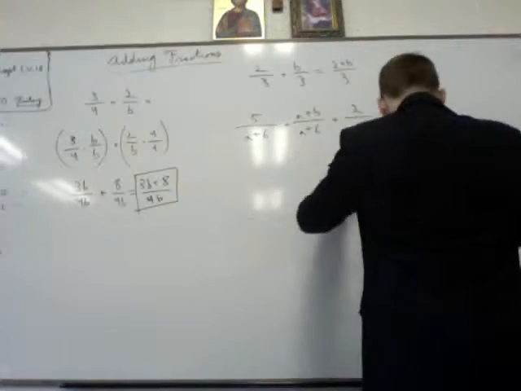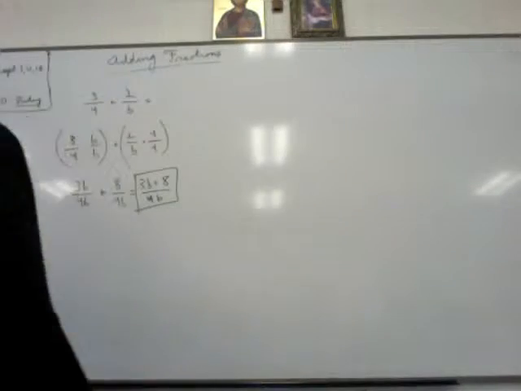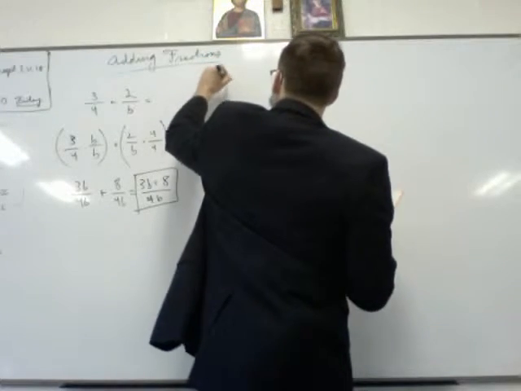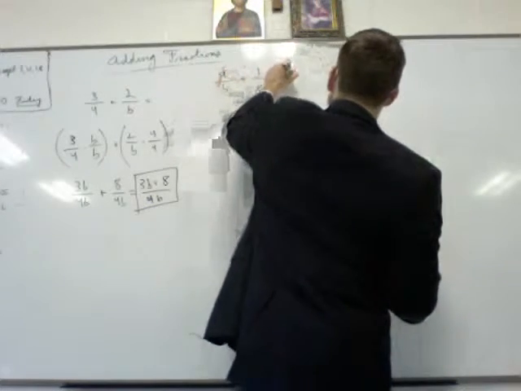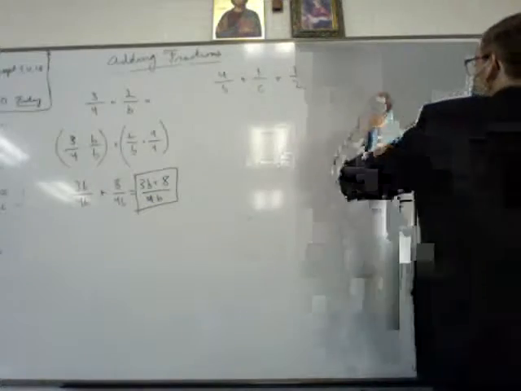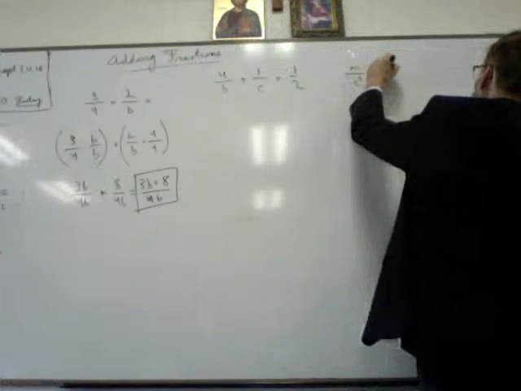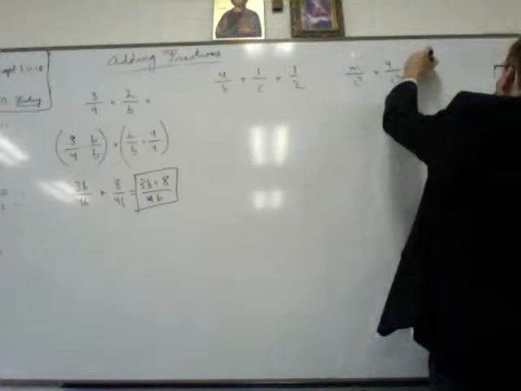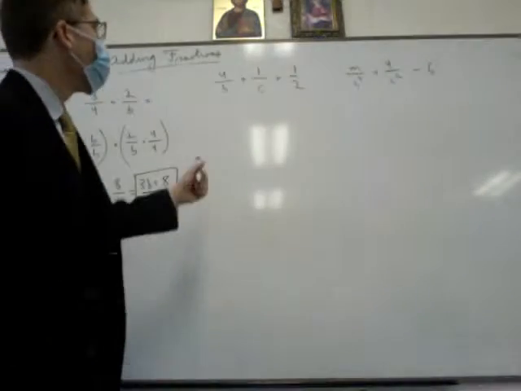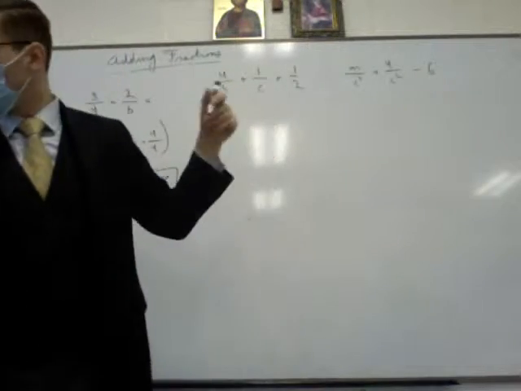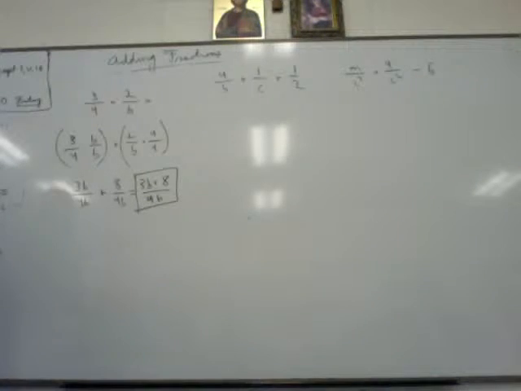Let's do a couple more. We're going to do this one, and we're also going to do this one. Let's start with this one here: 4 over b plus 1 over c plus 1/2.